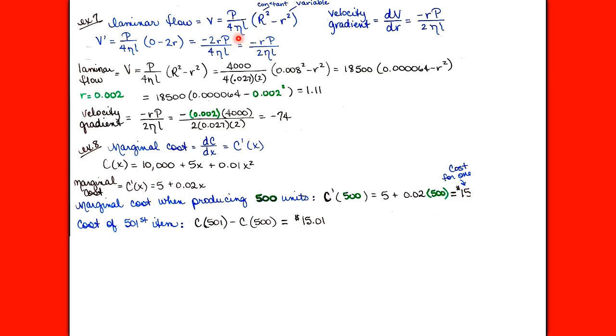Capital P is the pressure difference between the ends of the tube. P and L are constant values, and the velocity is a function of the lowercase r, which is that varying radius as to how far I am from that central axis as I'm approaching that wall of the tube.